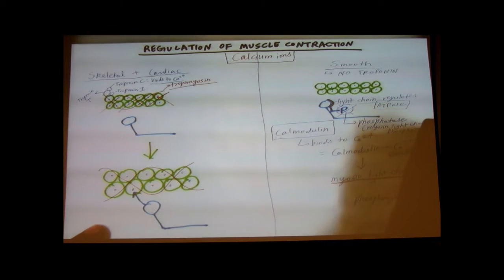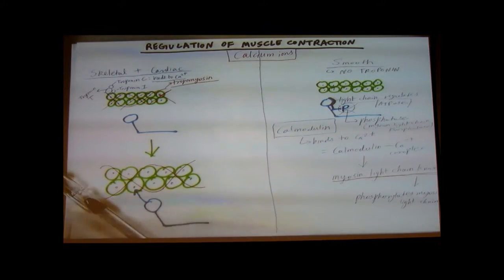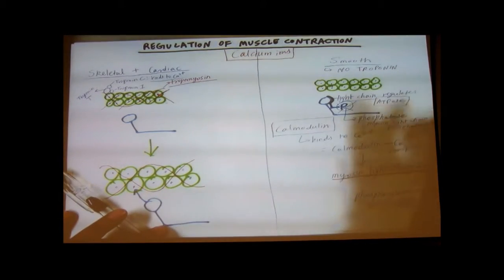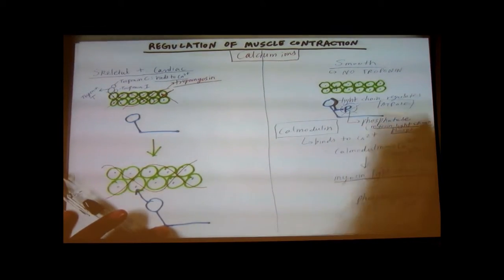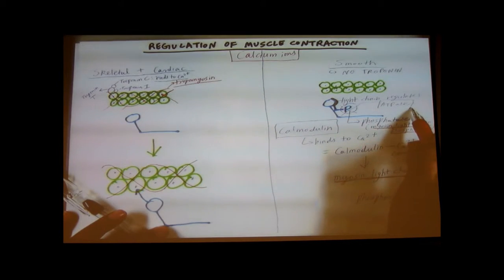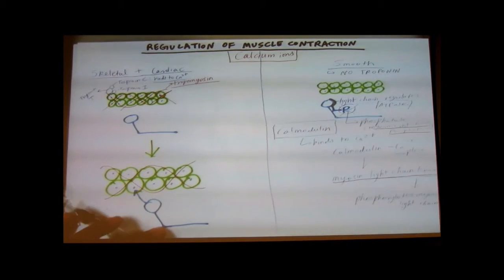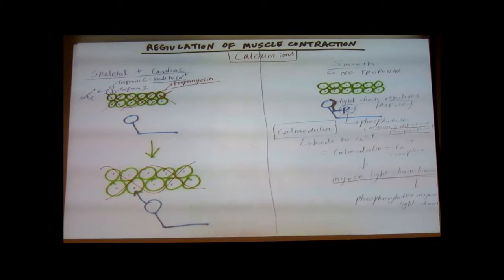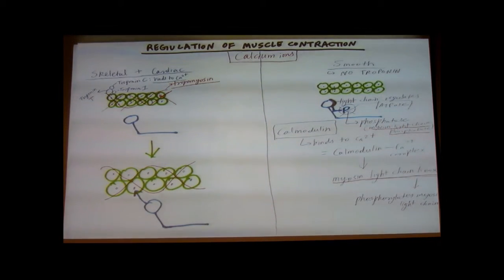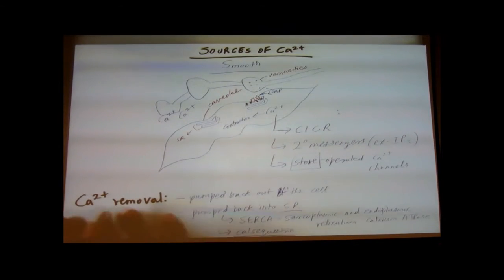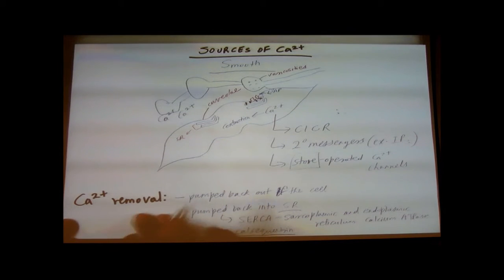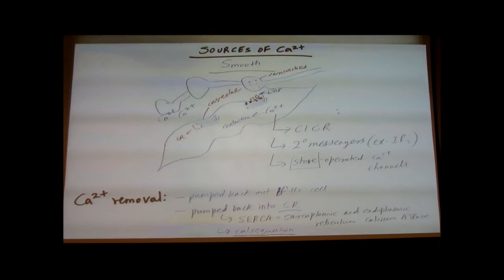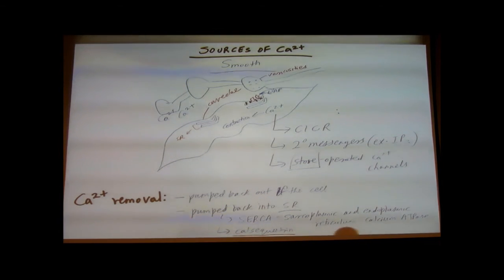And now once this phosphate is removed, this light chain is no more activated, and this ATPase is no more active, and this whole cycle that we went through for contraction basically stops, and the muscle, smooth muscle in this case, relaxes. So that's how calcium removal and the phosphatase act together to relax the muscle.